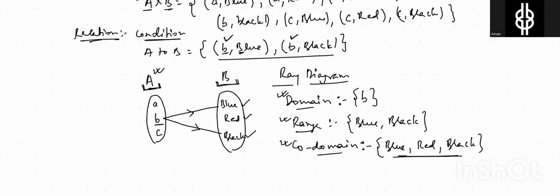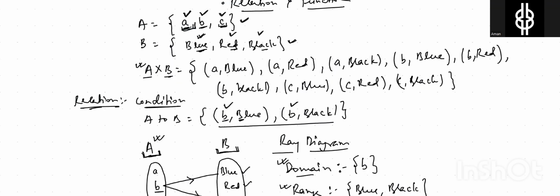And one more very important thing that I want to bring your focus to is that if you see here, when I'm writing A related to B, this is how we write it: A R B. That means A is related to B. What I'm trying to tell you here is that if you see the elements in this relation, B comma blue and B comma black, you are going to find these two elements in this Cartesian product also.